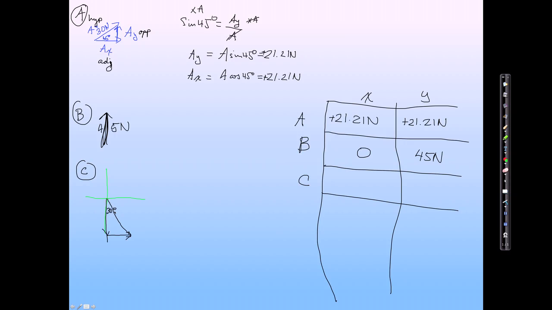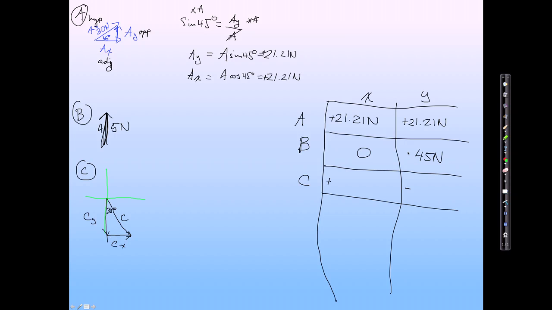Right? So this is vector C, this is Cy, and this is Cx. Before we go any further, I'll point out, look, Cy is pointing downwards. That means that the y component of C will be a negative number. The x component of C is pointed to the right, so that's going to be positive, as was this.